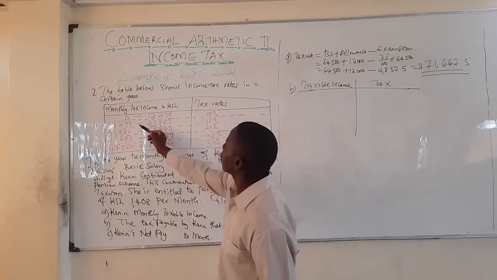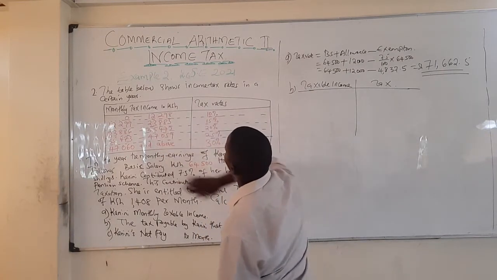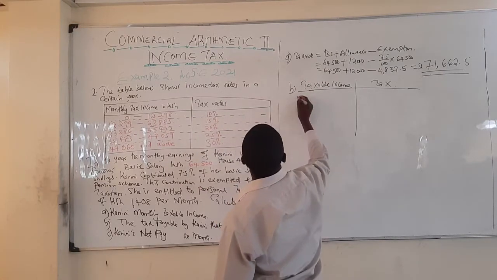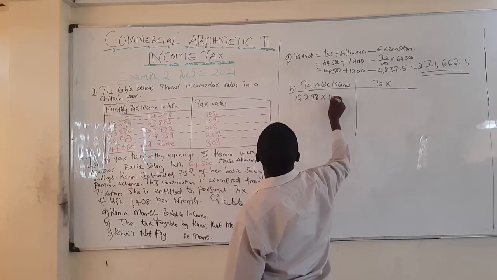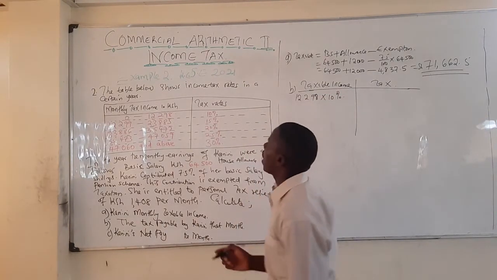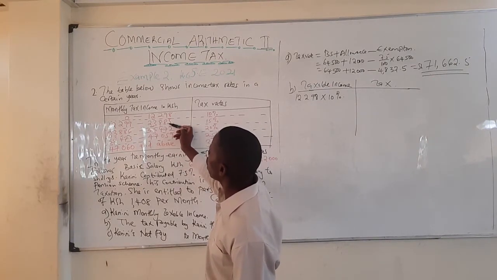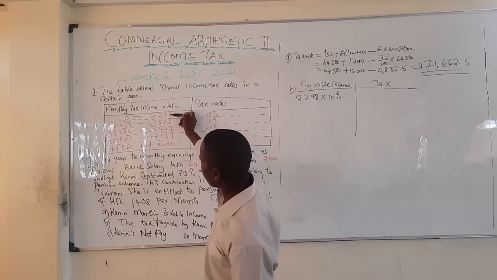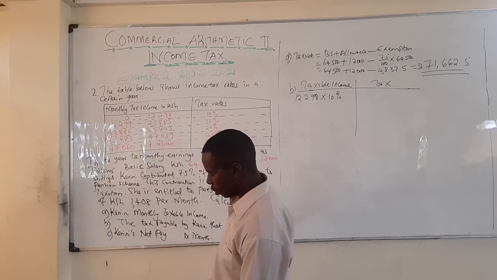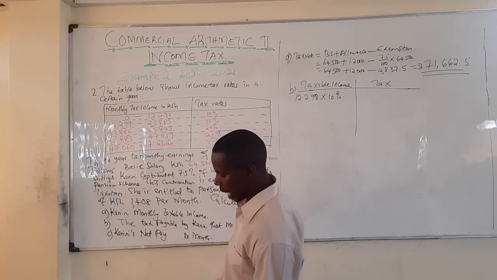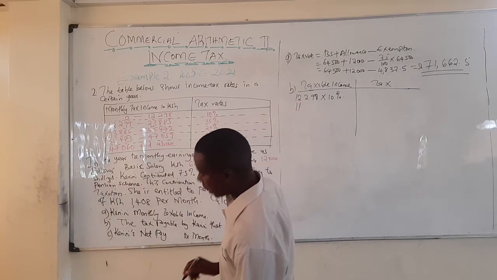We start with the first one, from 0 to 12,298. So if you take the last value there, 12,298 times 10%. Then the second bracket we are going to get as 23,885. We subtract the value on this end here, 12,298, and when you subtract the two, we are going to be having 11,587.